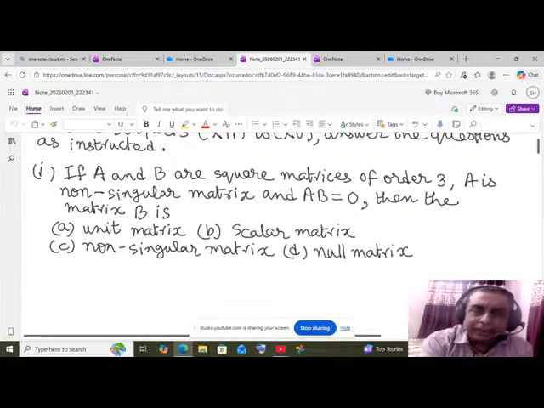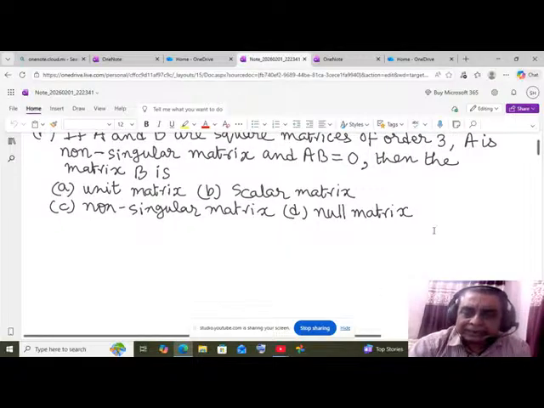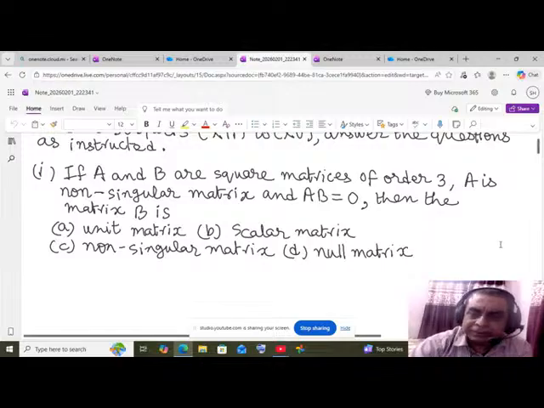If A and B are square matrices of order 3, A is a non-singular matrix and AB is equal to 0, then the matrix B is: A, unit matrix; B, scalar matrix; C, non-singular matrix; D, null matrix. So how will we do this sum?